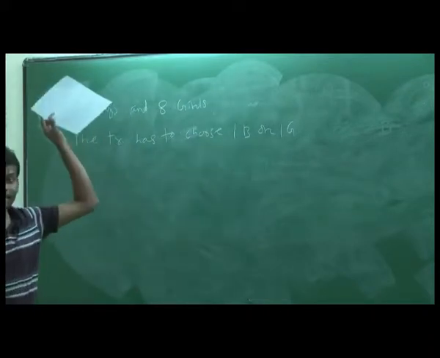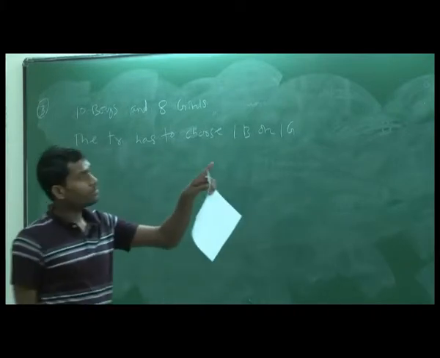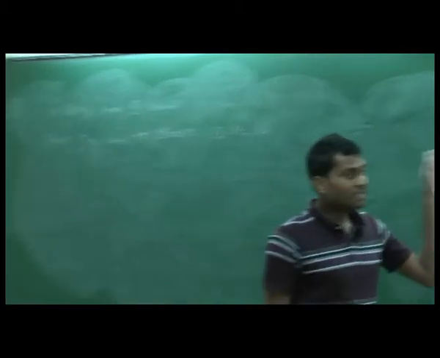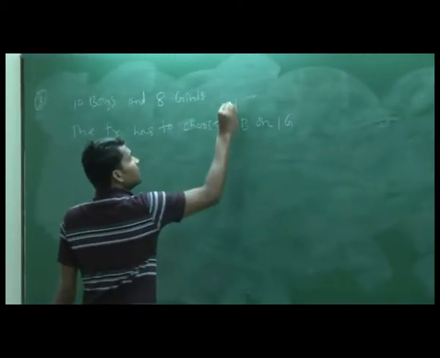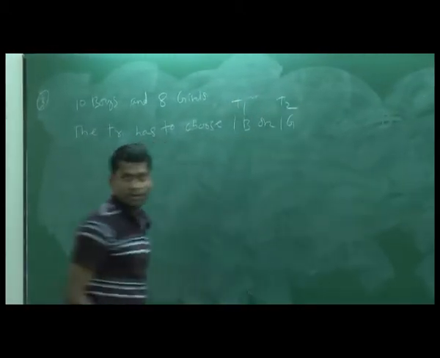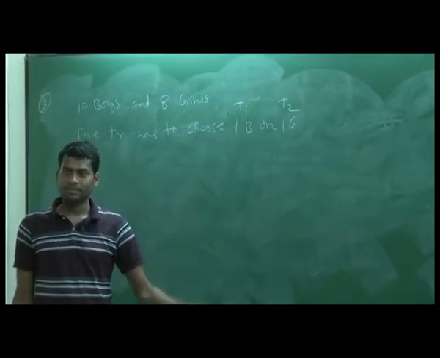There we were multiplying. Here we are adding. Why? Only one is selected. What is the difference? There we have to do all the tasks T1, T2, T3, T4 up to Tk. Here, if we call this one T1 and this one T2, we have to do only T1 or T2, right?